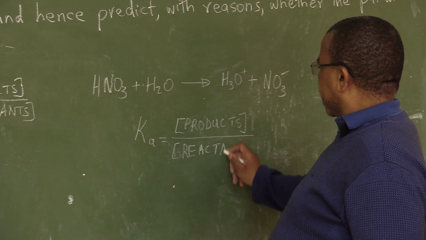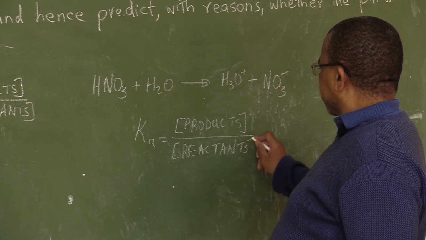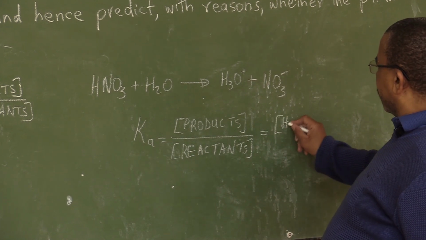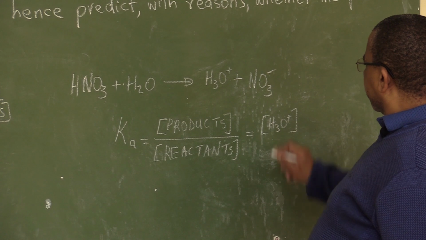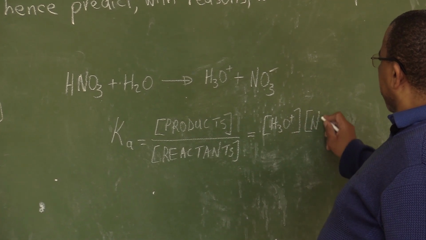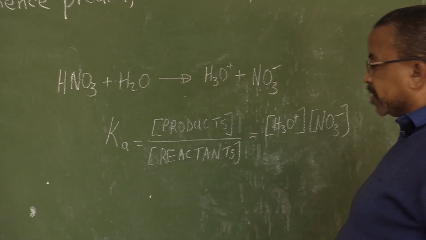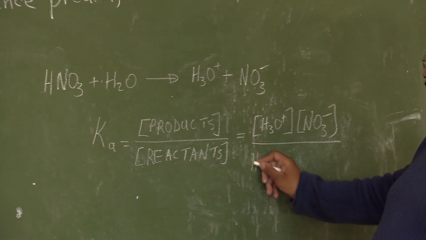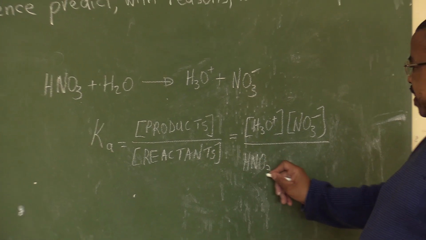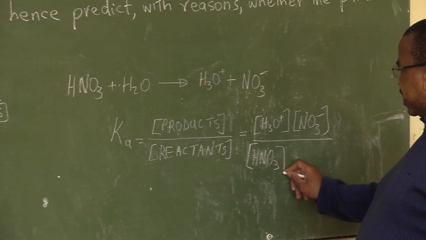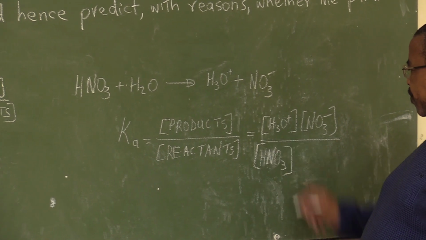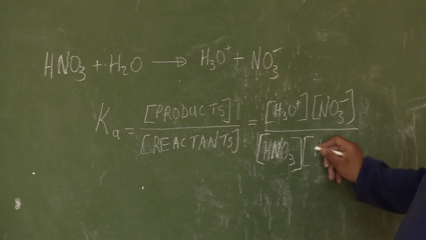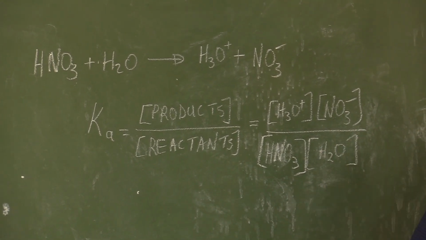Concentration of products as against concentration of reactants. So what is the concentration of products? It's H3O plus concentration times NO3 minus concentration, over the reactants: HNO3 concentration and H2O.